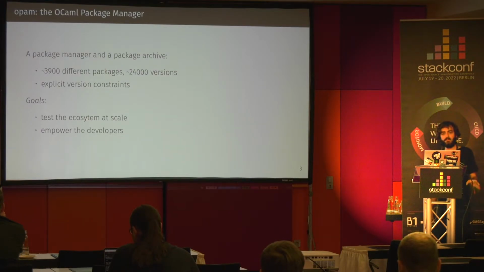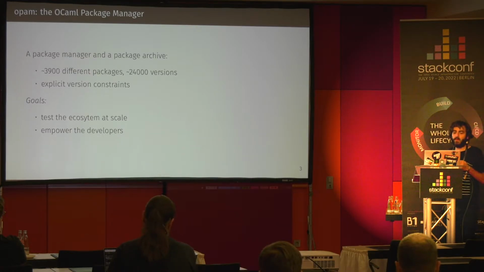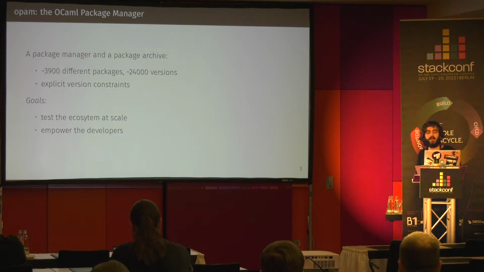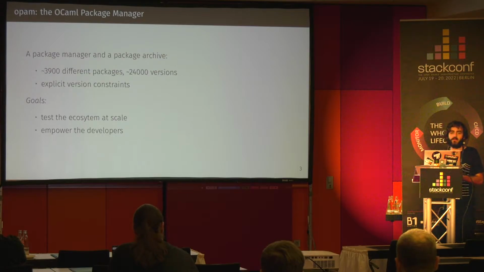We have a small team dedicated to maintaining this archive, making sure that each package has explicit version constraints of its dependencies. So when you submit a new package to the OPAM archive, the OPAM maintainers will run tests and checks and write the correct dependencies for you, and then make it available to everyone.